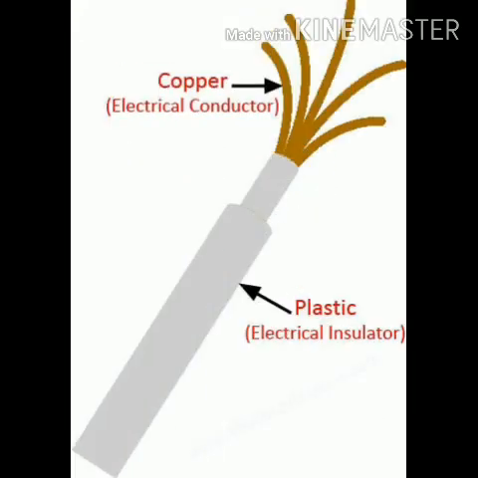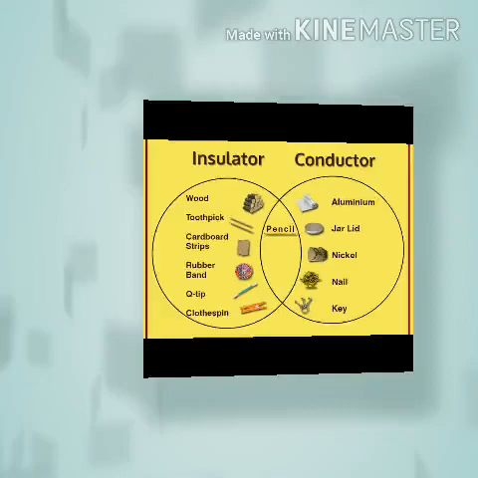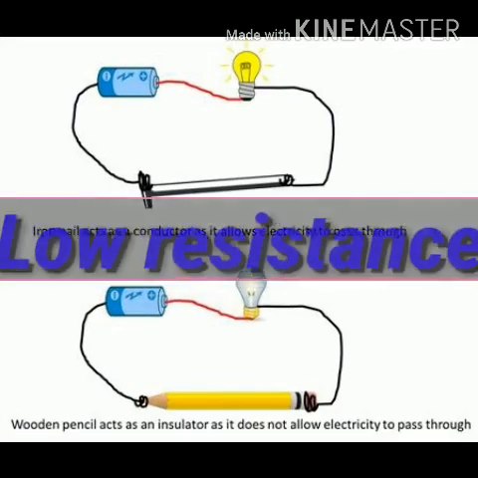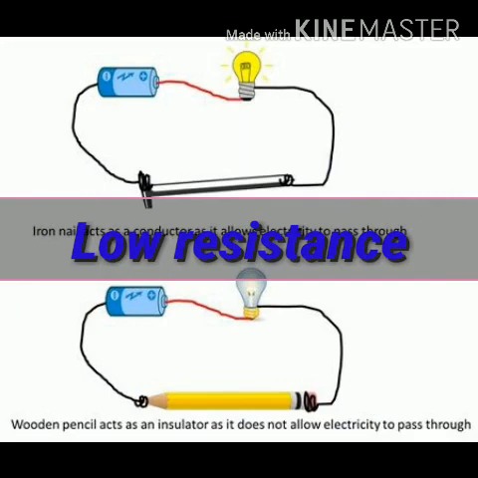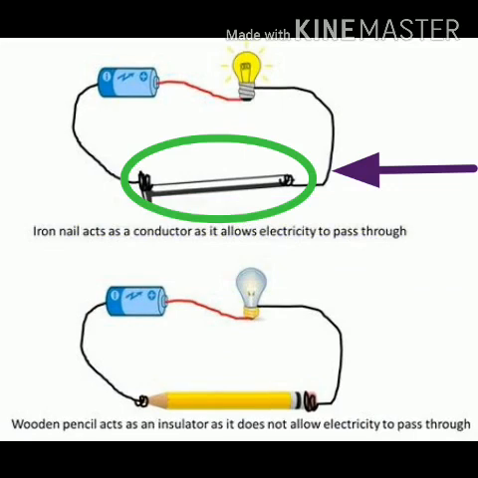Example, rubber, wood, plastic, glass, etc. If the material has high resistance, the flow of electricity in it will be less. If the resistance is low, more electricity will flow through it. That material is called a conductor or good conductor.